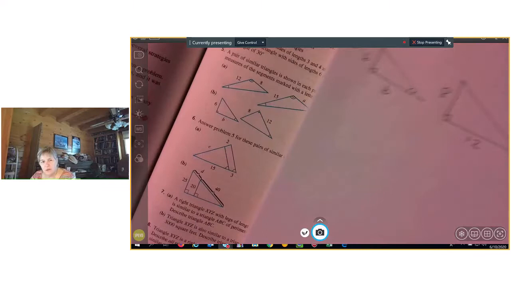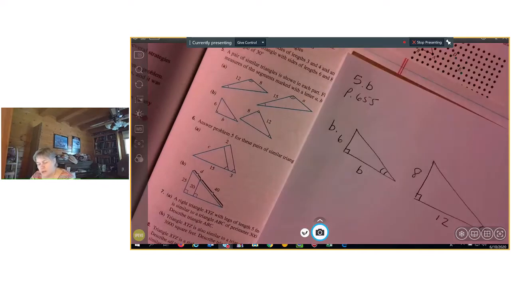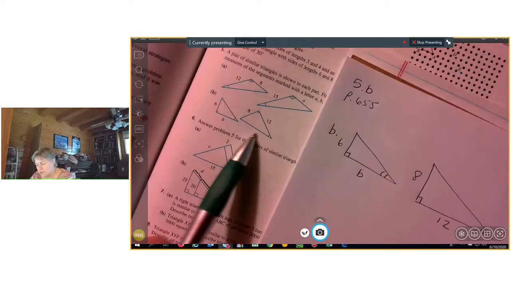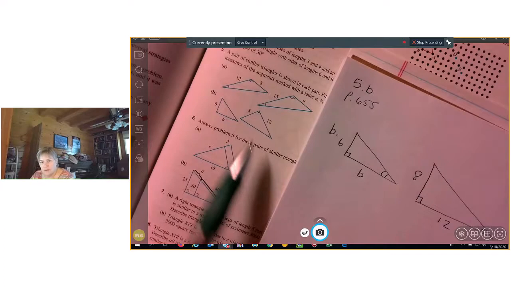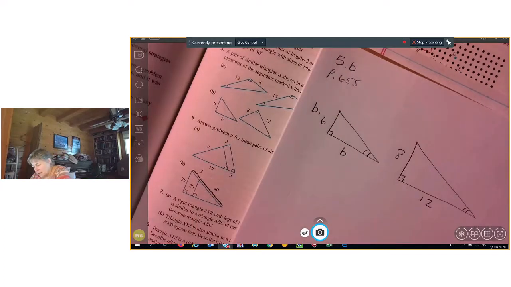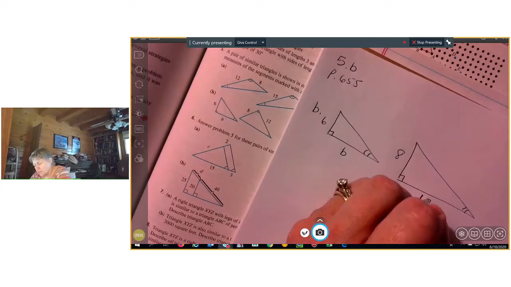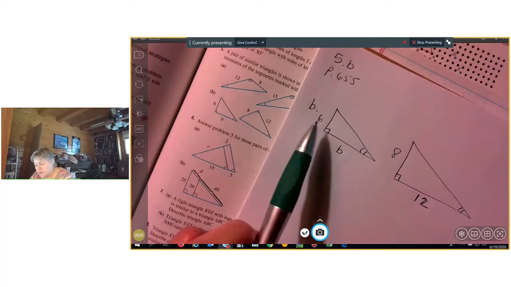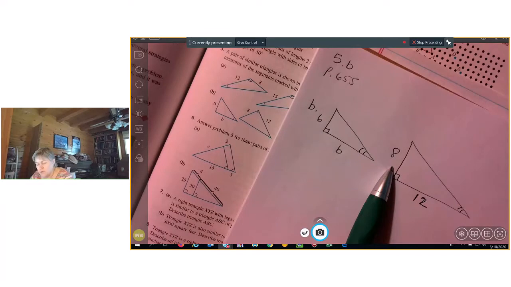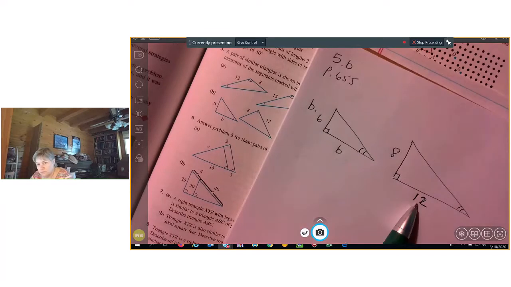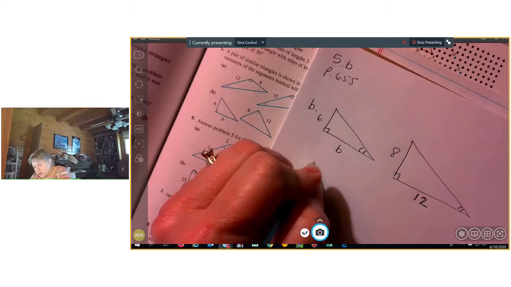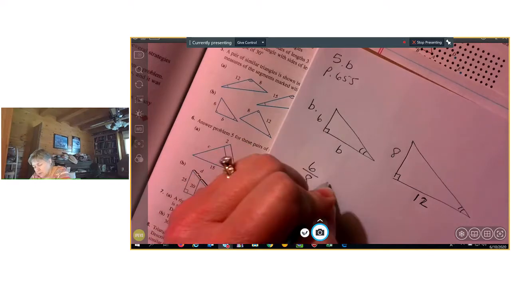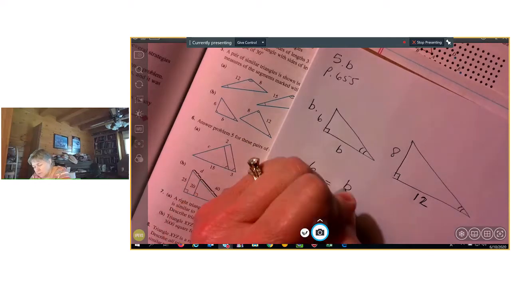So you can see when I drew my two triangles here, I went ahead and flipped that second one. So now my triangles are in the same position, and I can see, oh, well, 6 is related to 8, B is with 12. So I can do 6 over 8 is equal to B over 12.